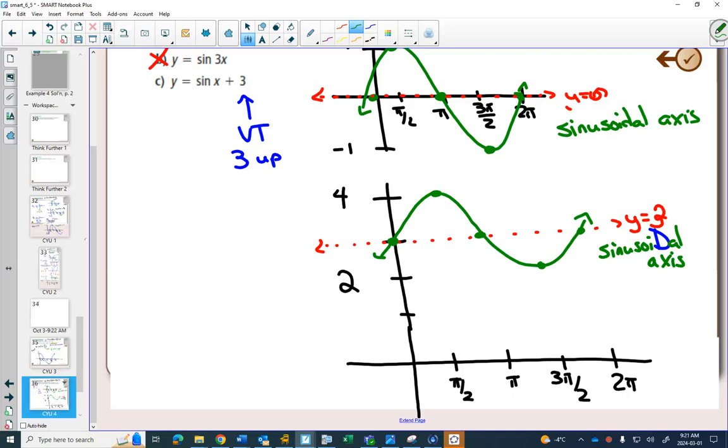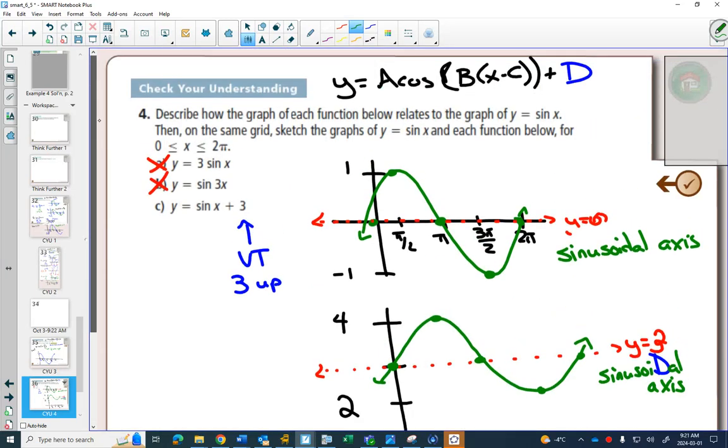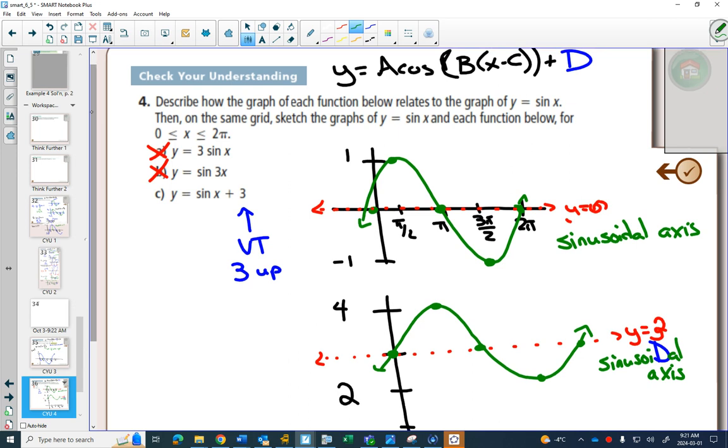Yes, Seth? The domain for the textbook, you said you can cross out just to do for your test, you say one period, right? So this one didn't say the domain. Oh no, it did here, right? For 0 to 2 pi, or at least 1 period.